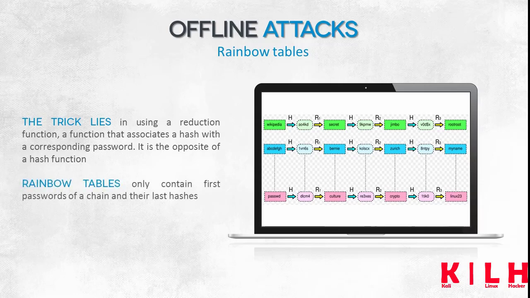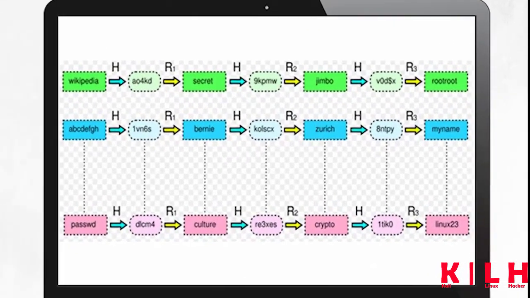We save a first password in a rainbow table. Let's track a single chain. The first value is a password, followed by a function that generates the hash from the password, for example, a LAN Manager or NT LAN Manager hash. Next, we have a reduction function that is used to recover a password from the hash.